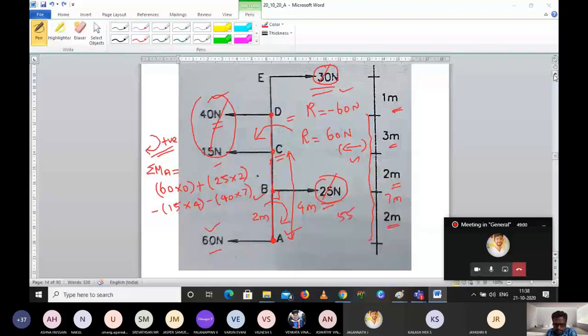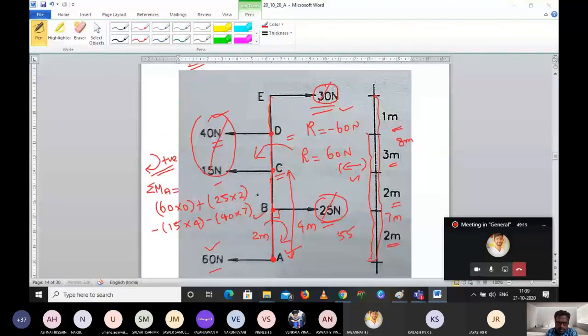So the same thing: A to E is 8 meter. How is it rotating? Clockwise. 30 into 8, sir, 240. Very good. That's all. So you have to calculate and you will get the value.